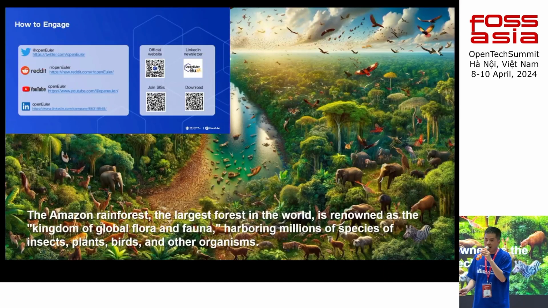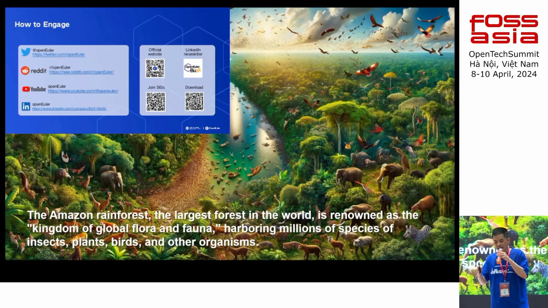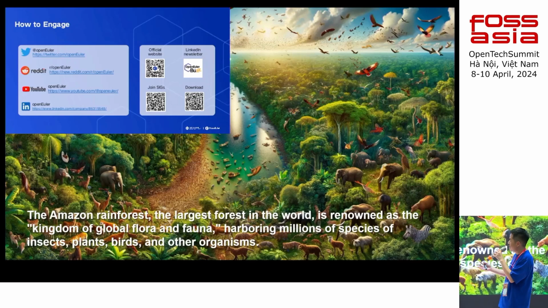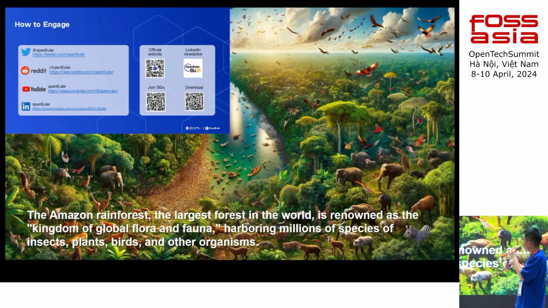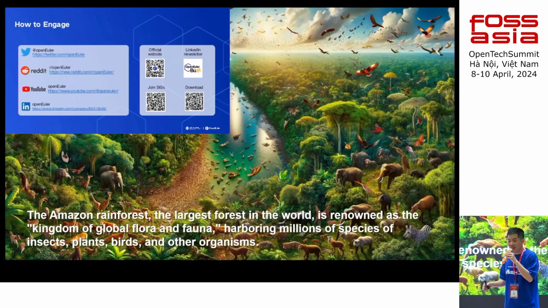At the last, I want to conclude my topic with a picture generated by AI. It is the Amazon forest. The Amazon forest is the largest forest in the world. Millions of creatures live in here. It's just like our openEuler community.